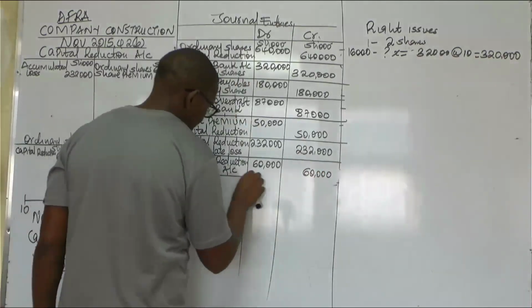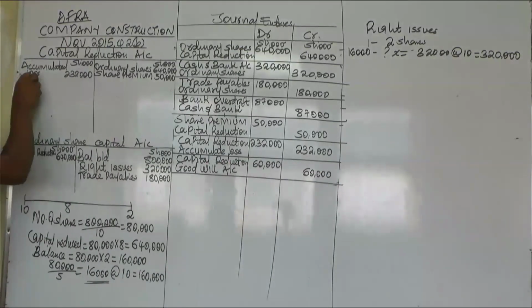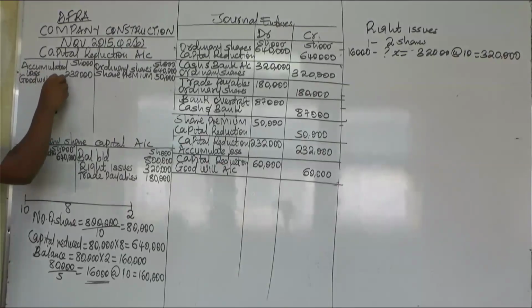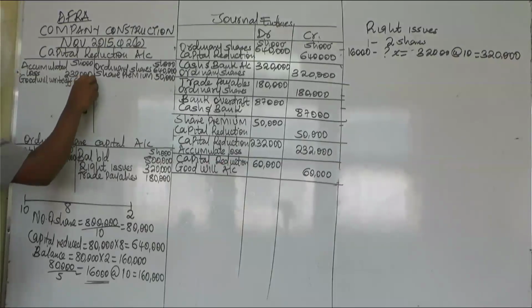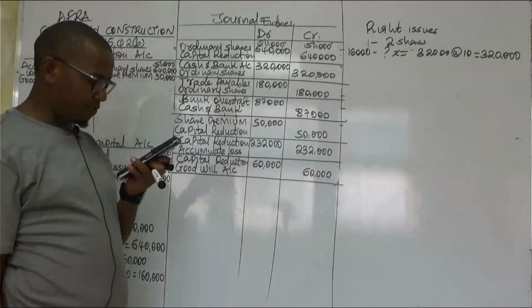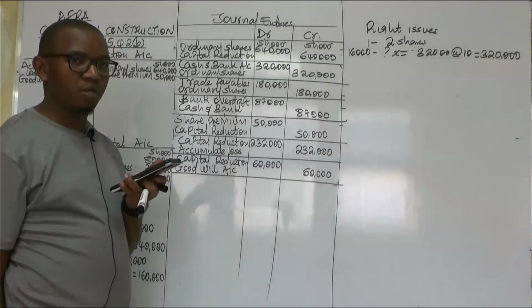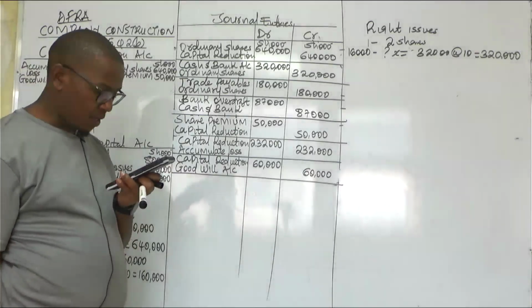So goodwill written off. Goodwill write off 60,000. Is that okay? We continue.